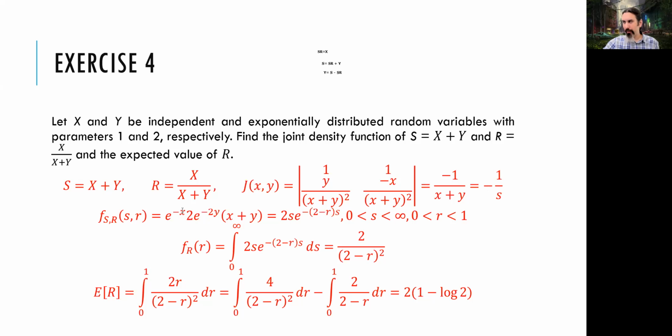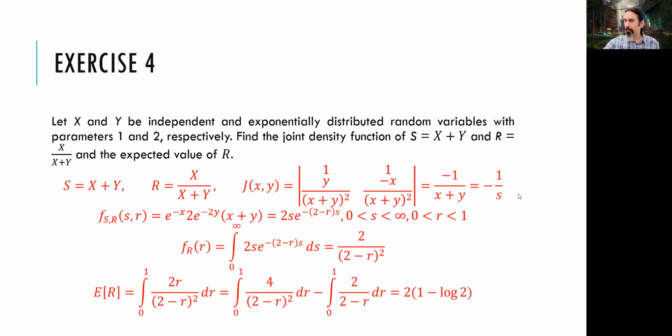On the other hand, we already know that this is our joint probability. We need this one, and we have to multiply it with s, which comes from the Jacobian, x plus y. Oops, sorry, we have to remove it. This part over here is just the joint probability of x and y, because we just need to multiply them both.